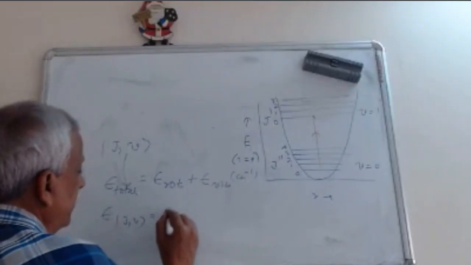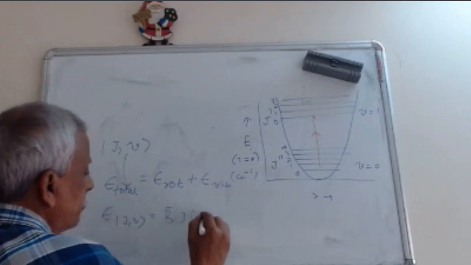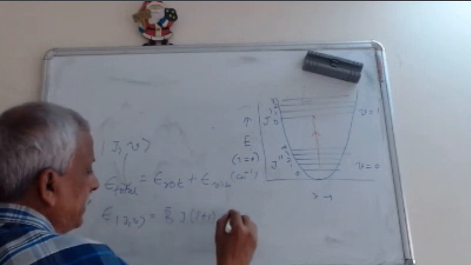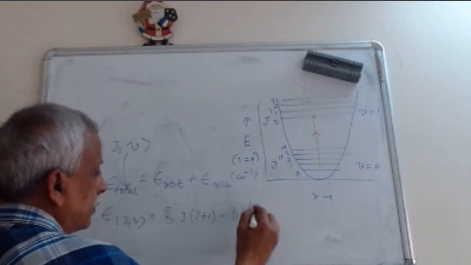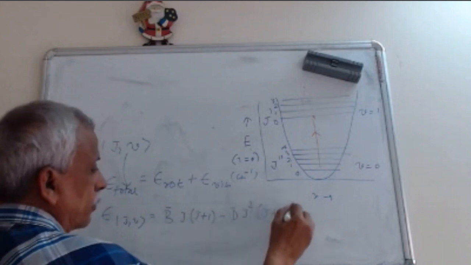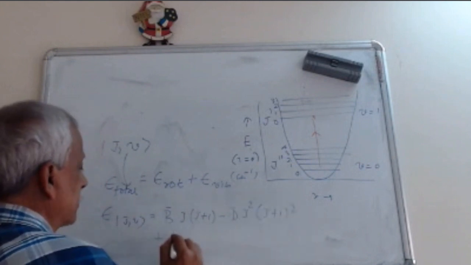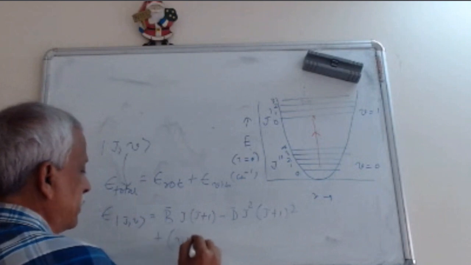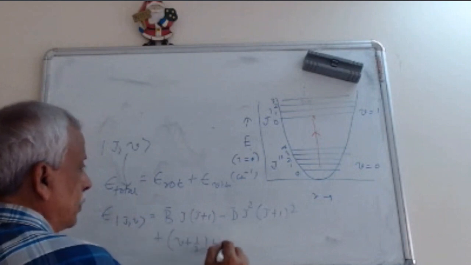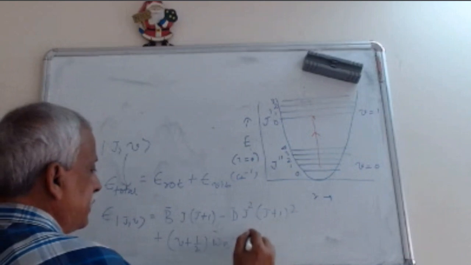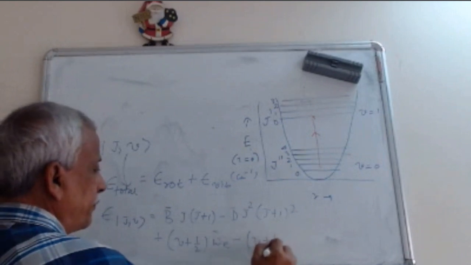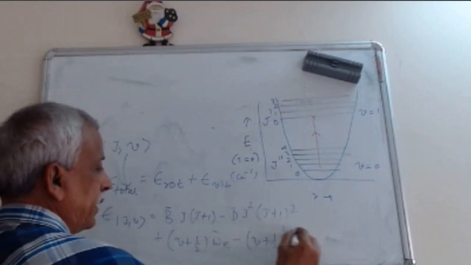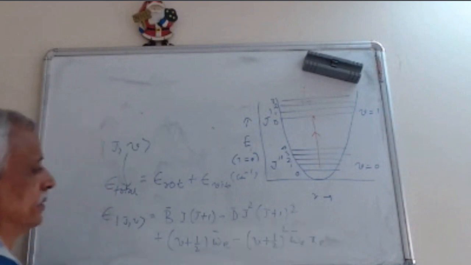No, you first consider this B bar J into J plus 1 minus D bar J square into J plus 1 whole square, plus V plus half omega E bar minus V plus half whole square omega E bar X E, isn't it?